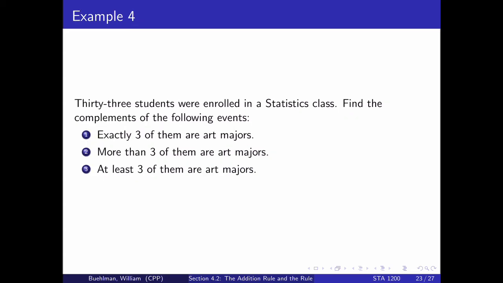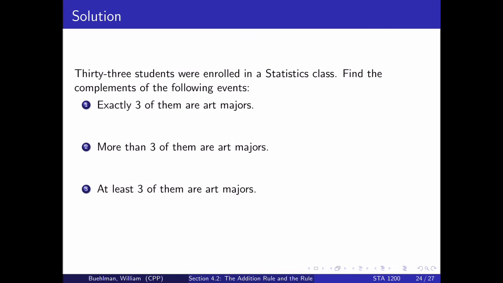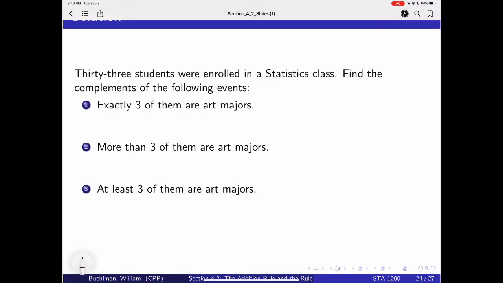Here's example 4. So here we're going to practice some complements. 33 students were enrolled in a statistics class. Find the complements for each of the following events. Exactly 3 of them are art majors, more than 3 are art majors, at least 3 are art majors. So we're going to find those 3 complements right now. So we're going to work on the first one. Exactly 3 are art majors.